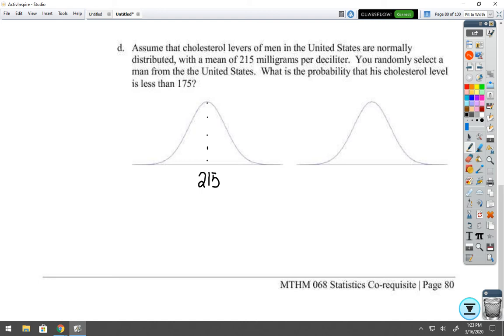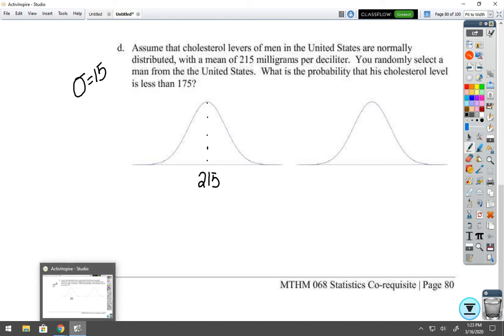I need my distribution here. I don't have a standard distribution, so I'm going to give you one. Got to have a standard distribution. There's no getting around that. So let's say we don't have it sitting on here, and I'm going to tell you it's 15, because that's been normally what we've been doing. Somebody must have forgot to type it.